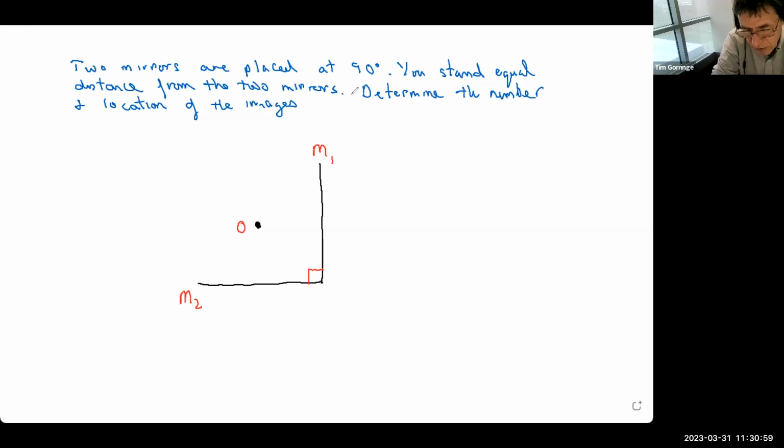In solving this problem, there's a couple of images that I think are obvious, and they're based on a single reflection. And then there's a third image that is non-obvious, that's based on two reflections. So let's try and work through this. One image that's obvious is due to a single reflection in this vertical mirror.